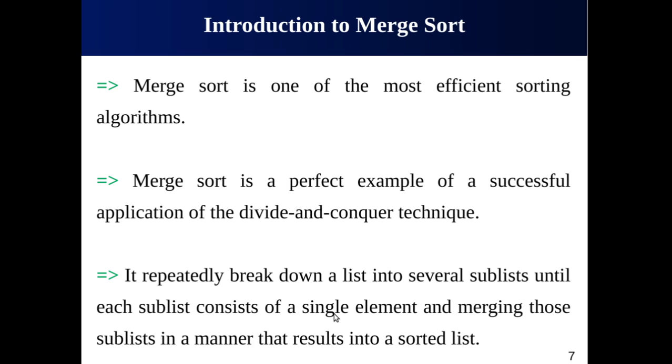And then you have to conquer and merge those sublists in a manner that will result in a sorted list. If this is not clear to you at the moment, don't worry. The concept will become clear when we start examples on the merge sort algorithm. Things will become more clear.